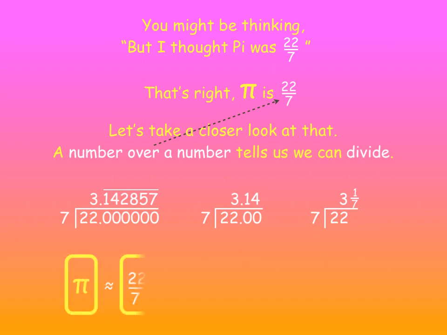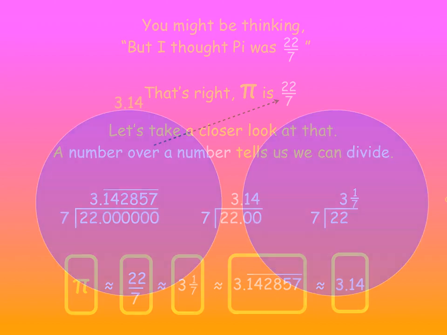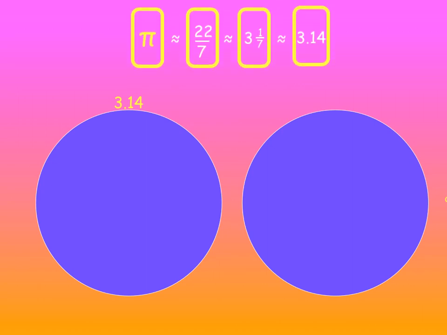So pi is approximately equal to 22/7, which is the same as 3 1/7, same as 3.142857 repeating, same as, rounded off, 3.14.